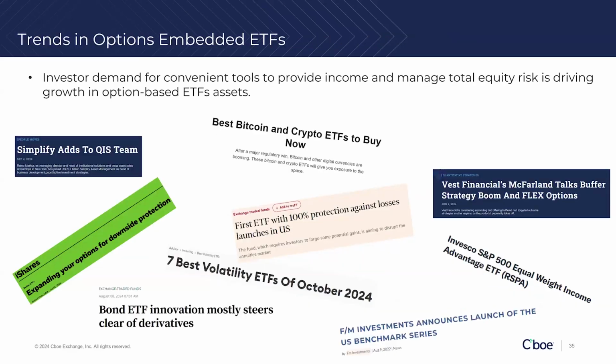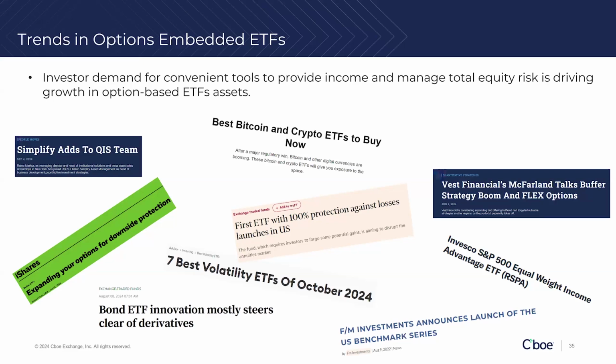Now, it is possible to create the positions that I mentioned by buying puts and calls and what have you. Another alternative is to buy a package. Over the last few years, there's been a rise in the demand for options embedded ETFs.